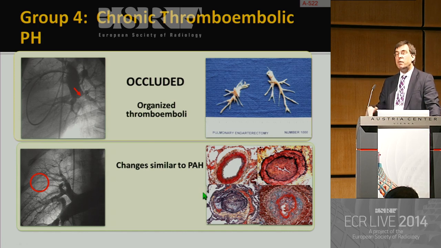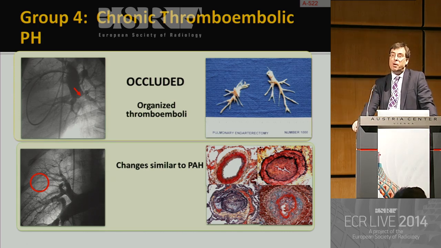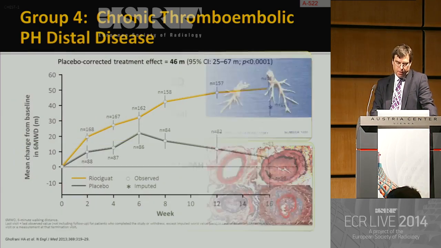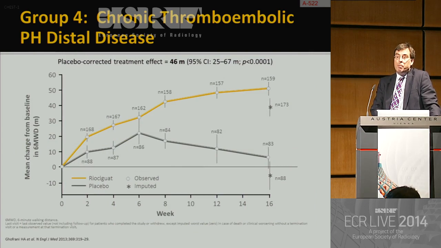So some patients will have disproportionately raised pulmonary arterial pressures in the setting of chronic thromboembolic disease due to an associated small vessel vasculopathy. That group don't tend to do well with surgery. Instead, they do better with medical treatments, and medical treatments are increasingly being recognized as an option for patients with more distal chronic thromboembolic disease.